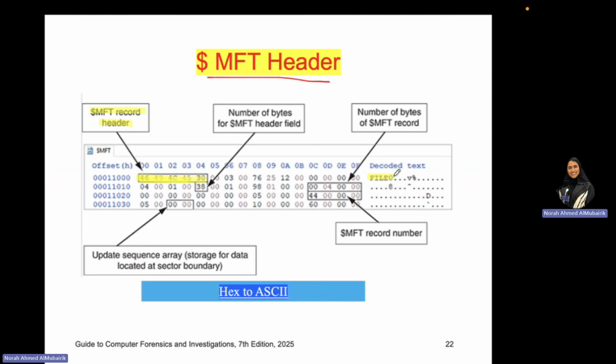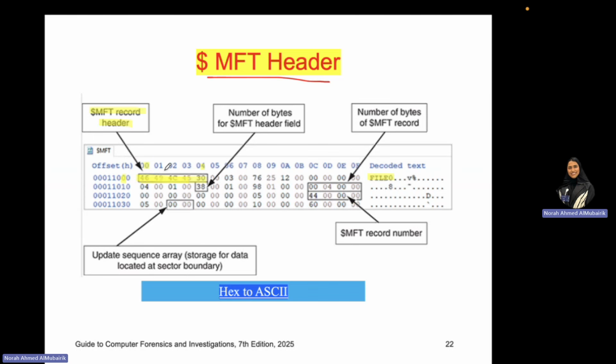This means that this is a normal file. After this, where is it located? It is located at offset 00 till 04. So from 00 till 04 is the offset of the file identifier.